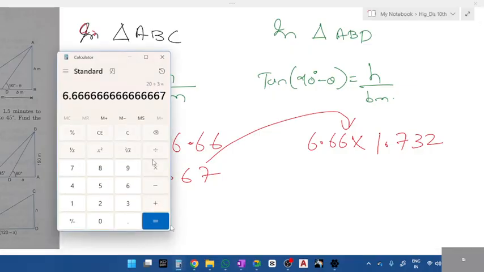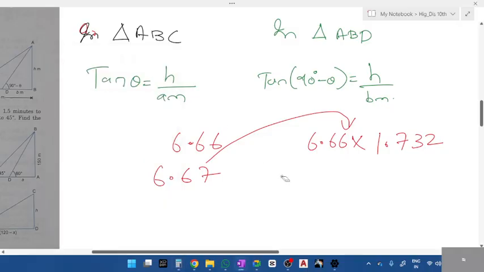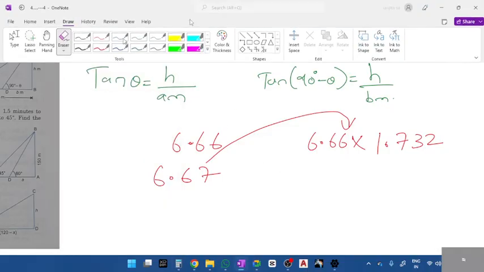Look, let me calculate. Look at the screen, students. If you want exact answer, take 6.67 multiplied by 1.732. What's the answer, Mariana? 11.552, right? Now is your doubt clarified?